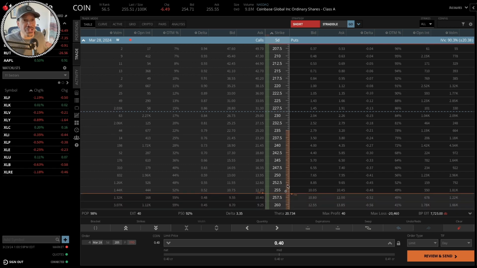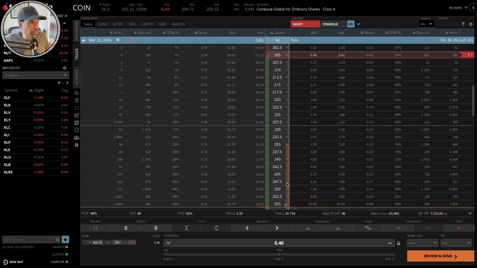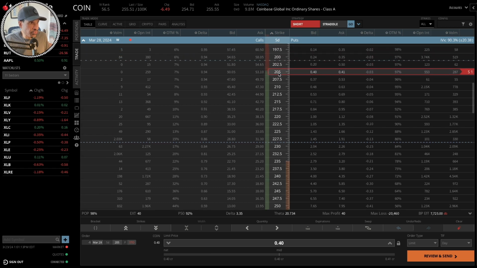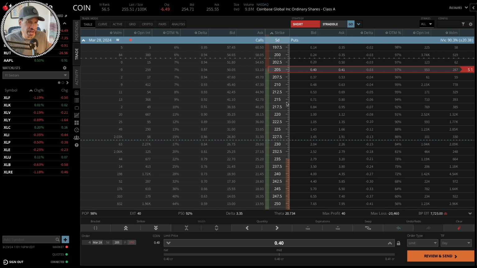So I closed out those cash secured put options and walked away with roughly 92% of the credit, because the stock went further away from my strike price, making the value of my put options worth a lot less. It made no sense for me to stay in the trade, so I closed it out and walked away with roughly 91% of the credit I took in for selling those cash secured put options.